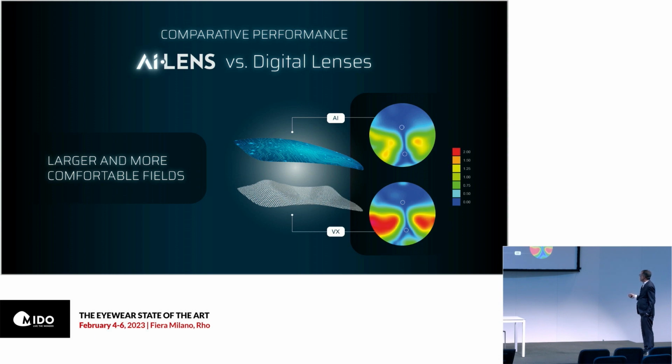These maps come from the Rolex mapper, made in Israel, and belong to one very famous design on the market. As you can see, the aberrations for this one are much higher, not better but higher. This starts at 2 diopters, so this is higher than 2, and this one never reached 2 diopters.